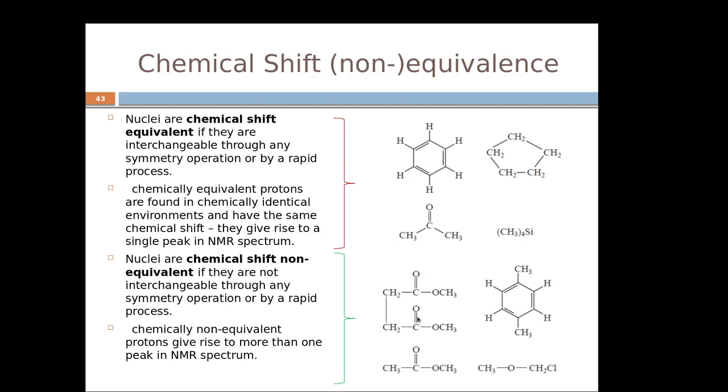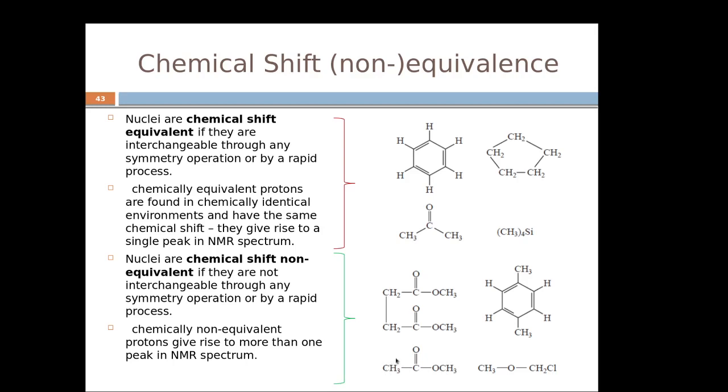Okay, say for example, let's start with this molecule here, CH3CO or CH3. This proton is connected to a carbon which is connected to a carbonyl carbon, whereas this proton is connected to a carbon which is connected to oxygen. So obviously these 2 methyl groups are in different electronic environments.